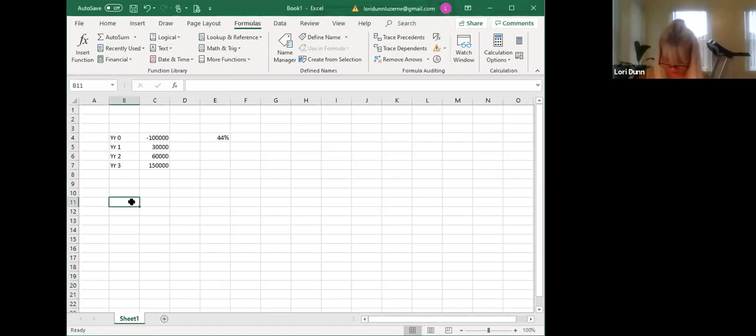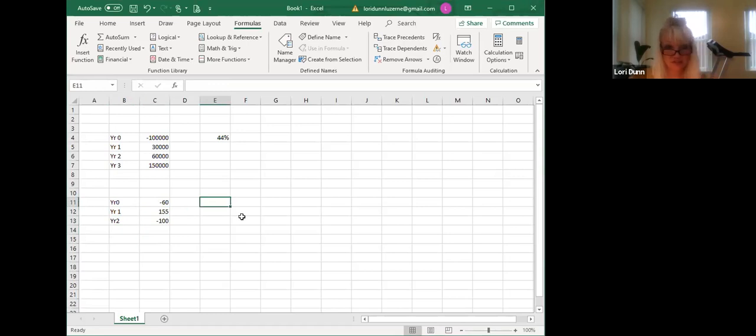This project on page 289, year 0, they had to expend $60. Year 1, they have positive 155. Year 2, they have negative 100.